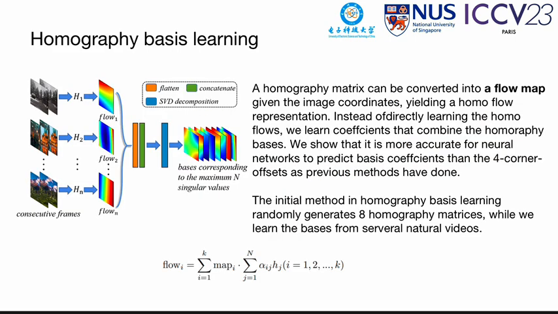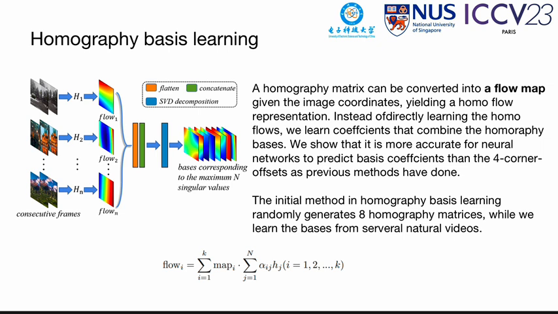Speaking of the homography basis learning, different from previous one, which generates the homography matrices from random parameters, we learn the homography basis from real natural videos. Firstly, we extract plenty of homography matrices from consecutive frames in videos, and after that, we transform the homography matrices into homography flows.